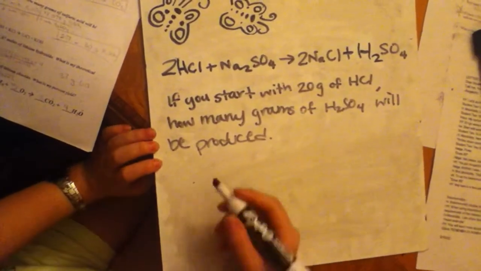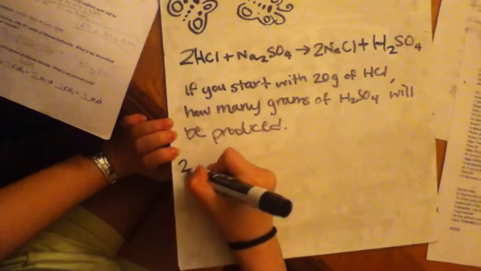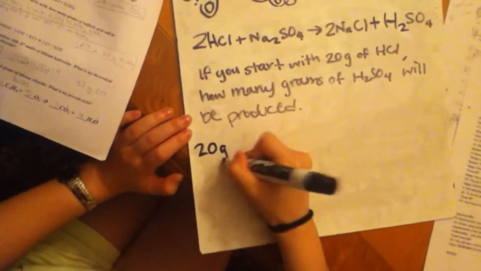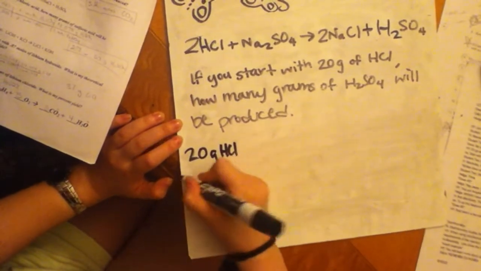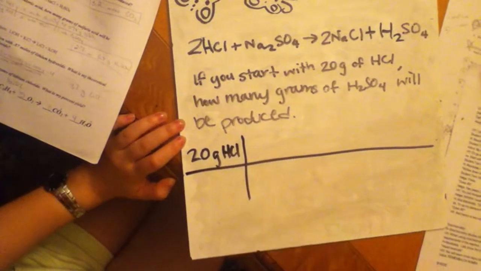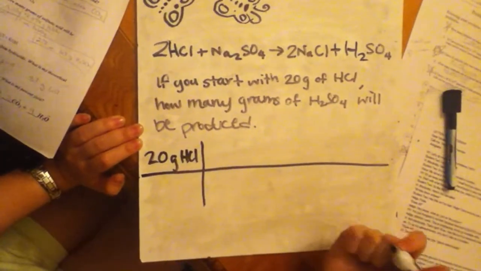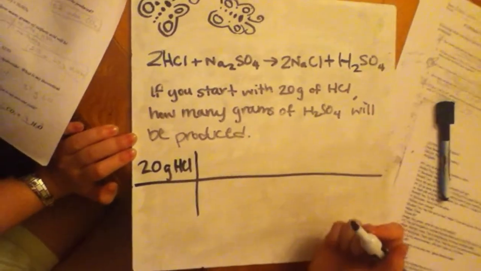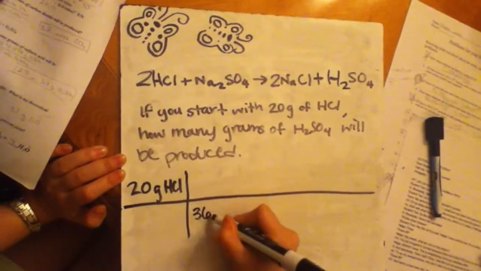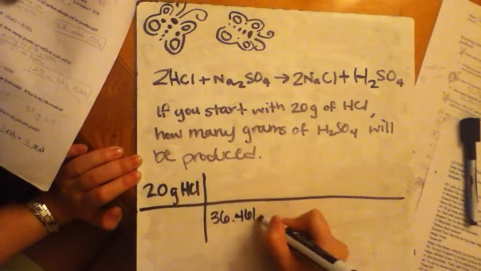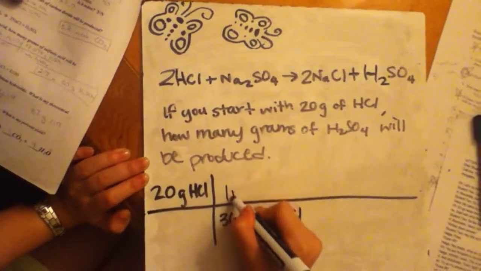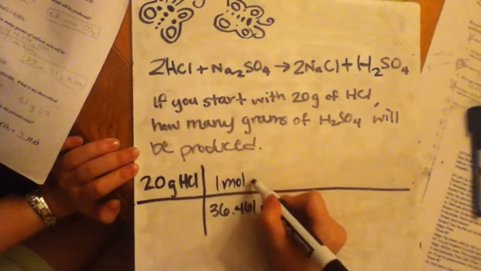Since the problem gives you 20 grams, you'd start with 20 grams of HCl. If you look at the periodic table and add up all the H's and Cl's, you'd get somewhere around 36.461 grams of HCl, and that would equal 1 mole of HCl.